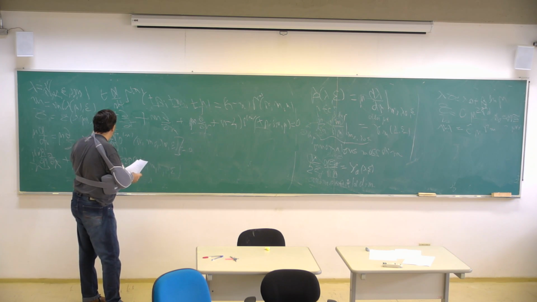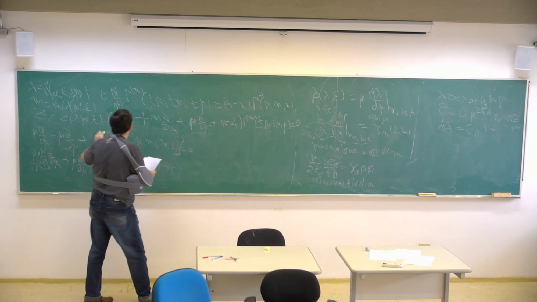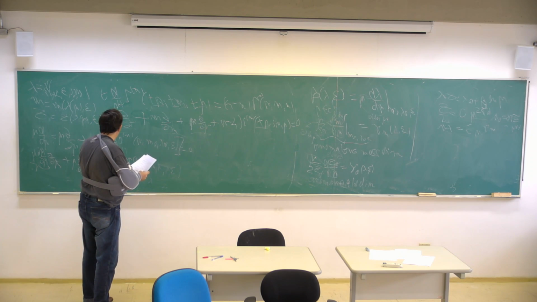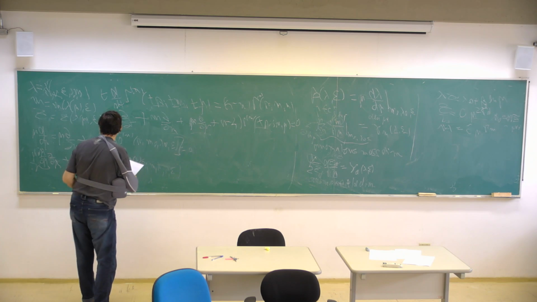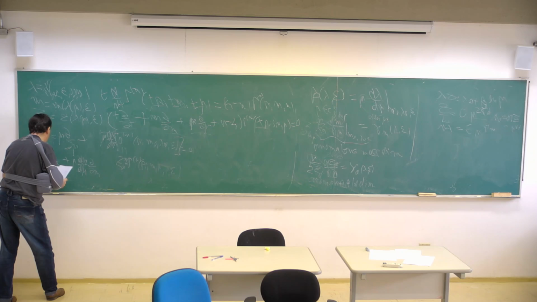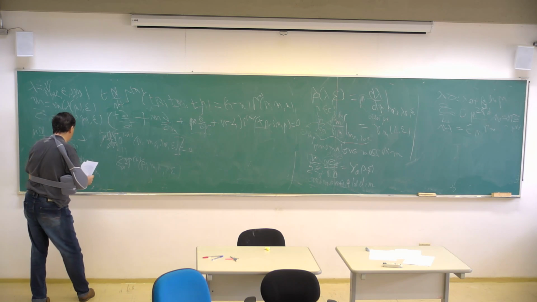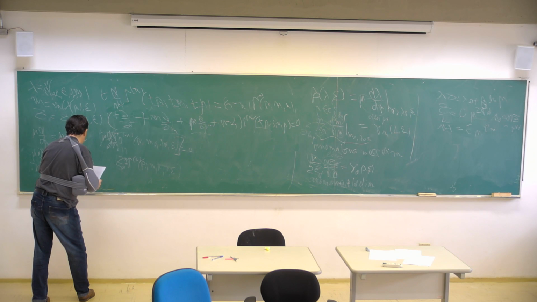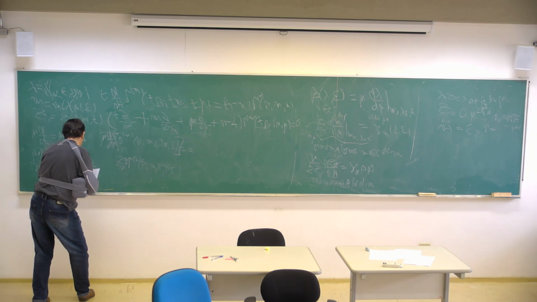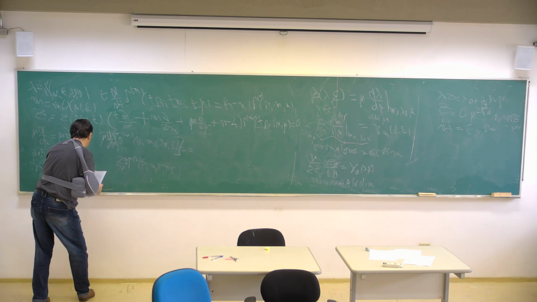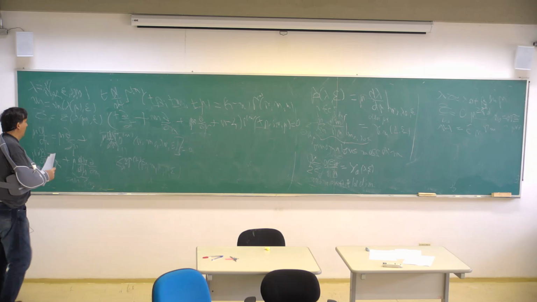The first equation we got was this one, and the second was this one, and now this is called beta, and this is called, dividing by m times m, m times gamma m.